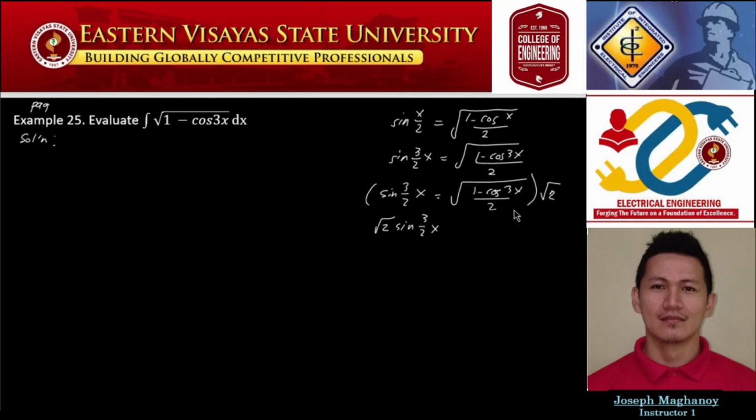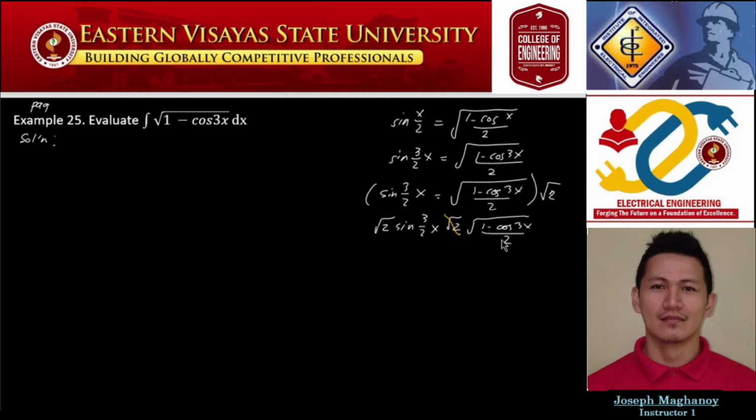We let it go inside, so square root of 1 minus cosine 3x over 2. So we cancel out both square roots.